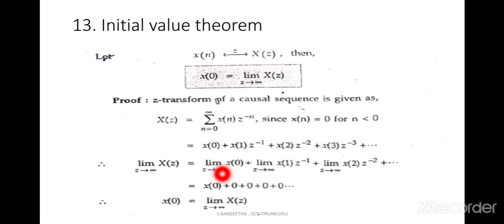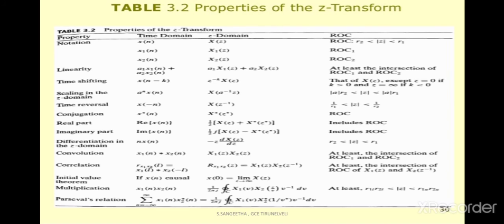So x of 0 is equal to the limit as z tends to infinity of capital X of z. Hence proved. All the properties are hence proved.